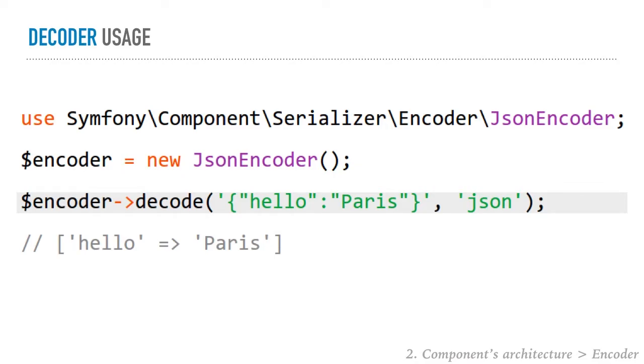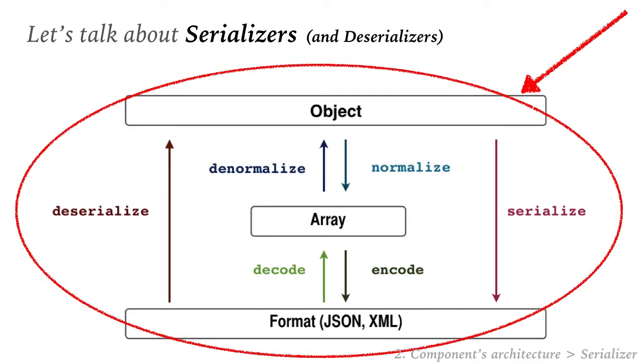Same thing with decoding, okay? We have the string formatted, and we want to have the array. So basically, again, instantiate the encoder and call the method decode with two parameters, the string formatted and the format of this string. That way, you know how to decode the string. And yeah, so you have all the code you need to serialize your information.